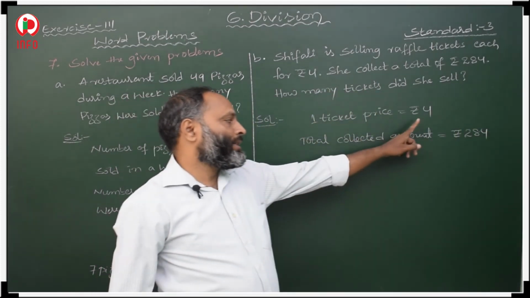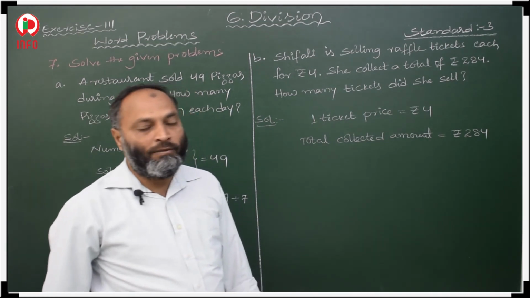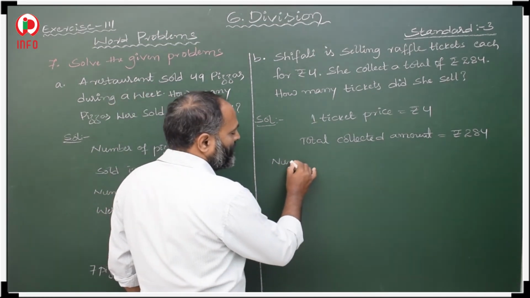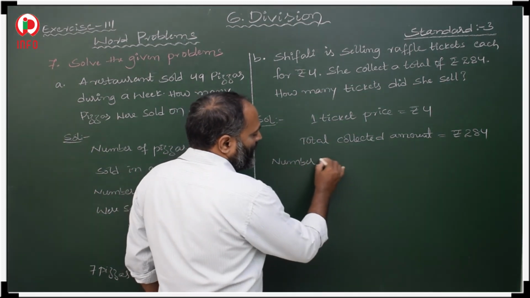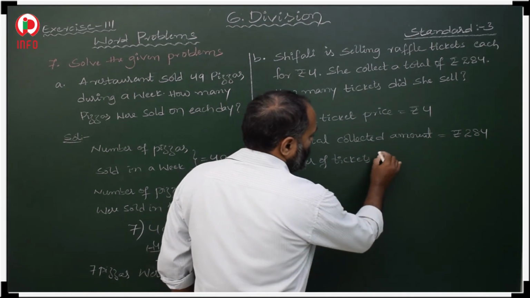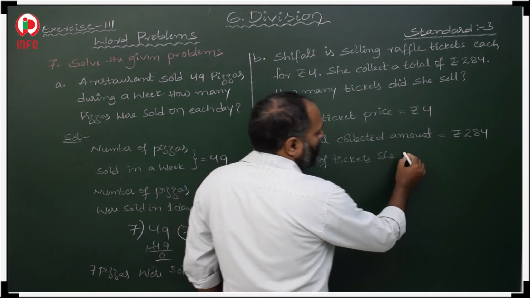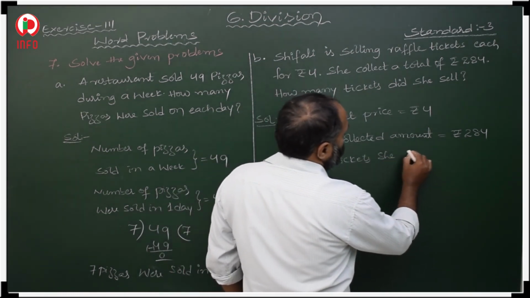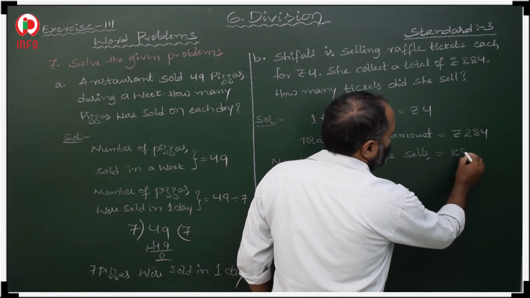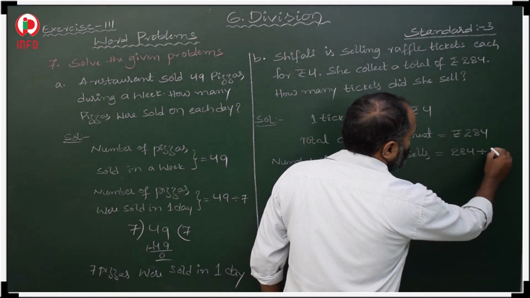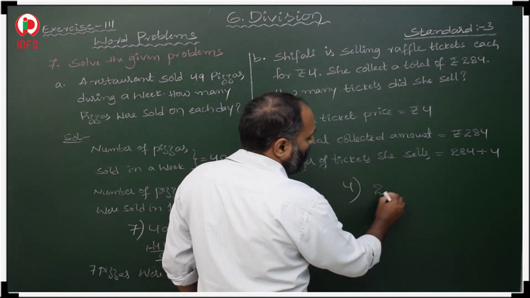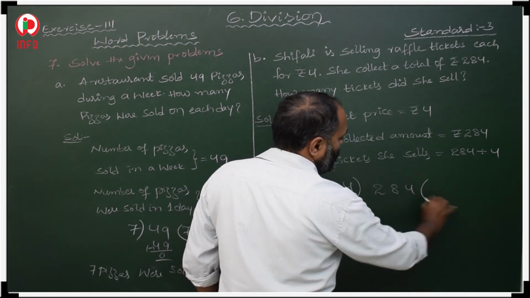One ticket price is given, total collected amount is given. So then the number of tickets she sells is equal to 284 divided by 4. Now you have to divide 284 by 4.